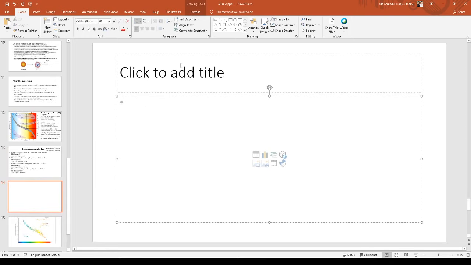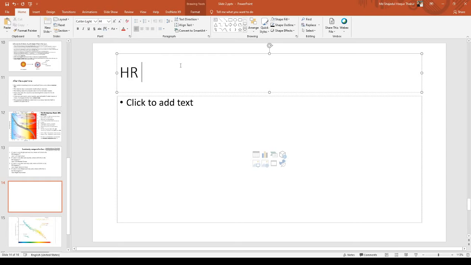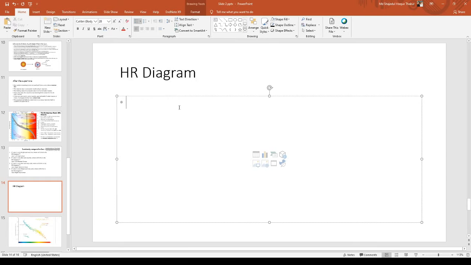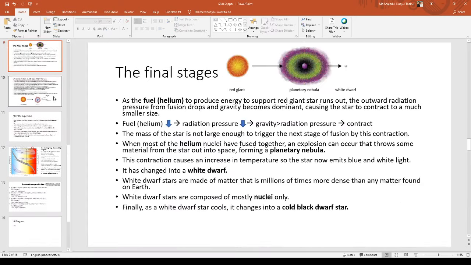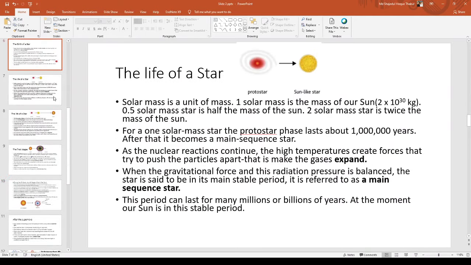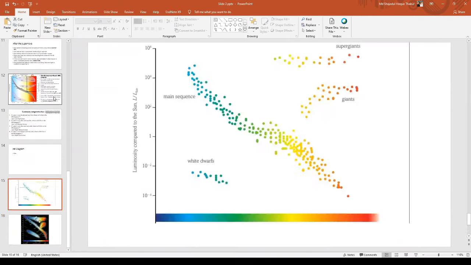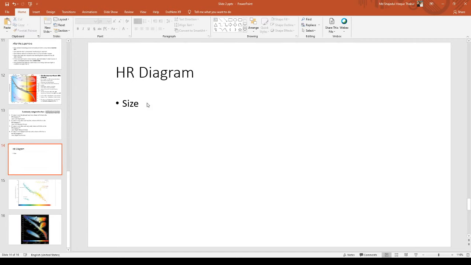We are still talking about the HR diagram. The first thing I'm going to say is, the greater the size of a star. Did I tell you this before? I didn't tell you this before. That's all right.